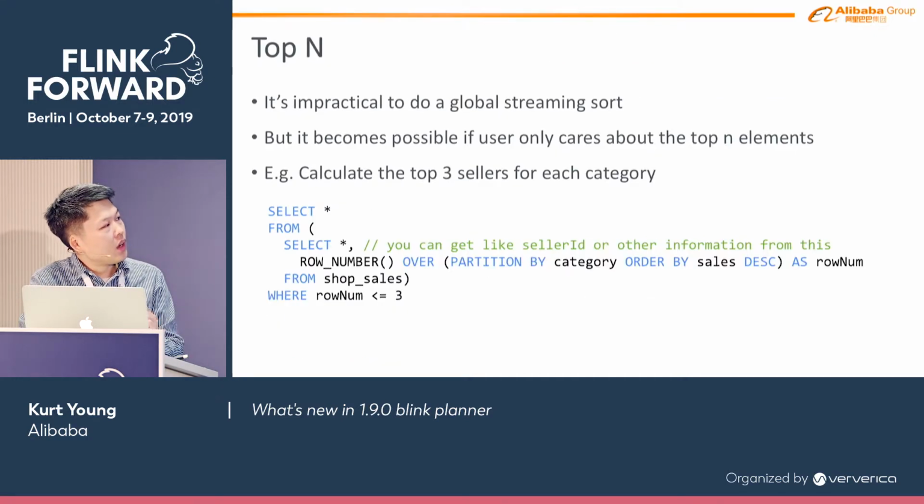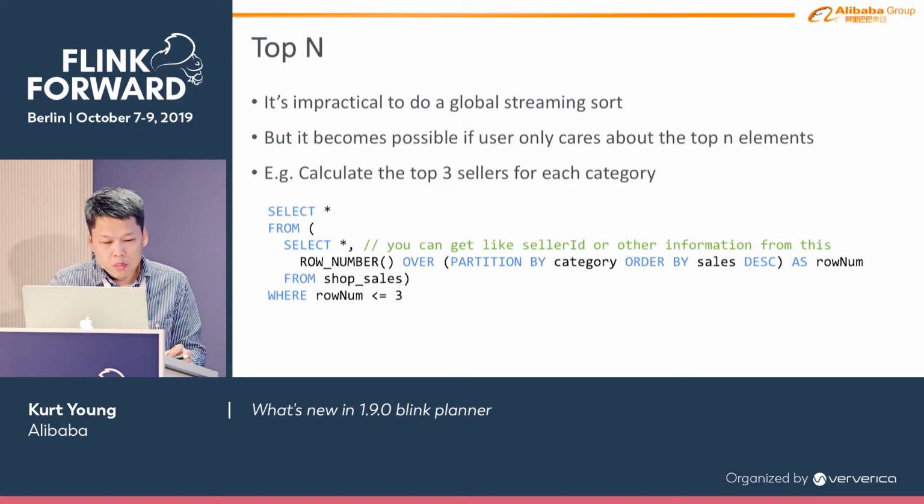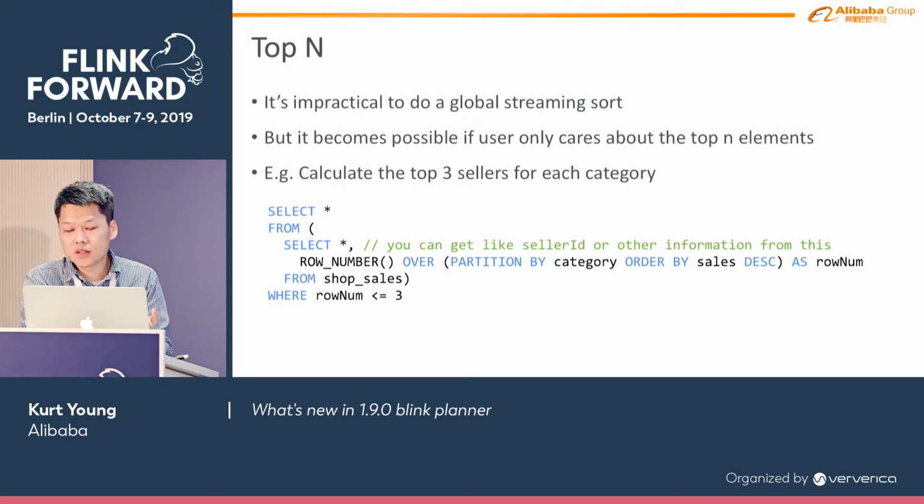Here is another quite interesting streaming use case. You might know that it's impractical for streaming to do a global sort, except if you are sorting on the event time field. If you want to sort on an arbitrary field, it's quite expensive. It's possible, but very, very expensive.